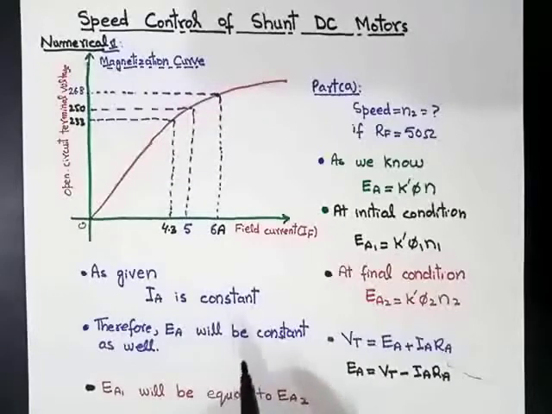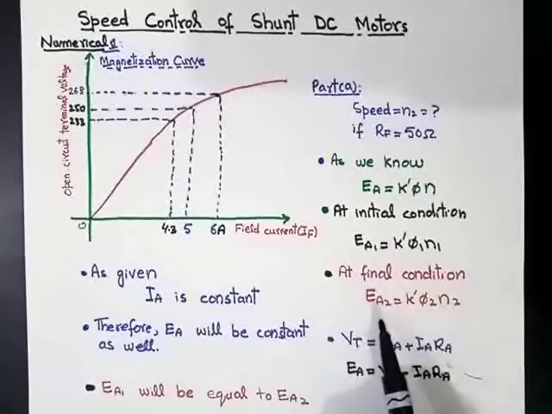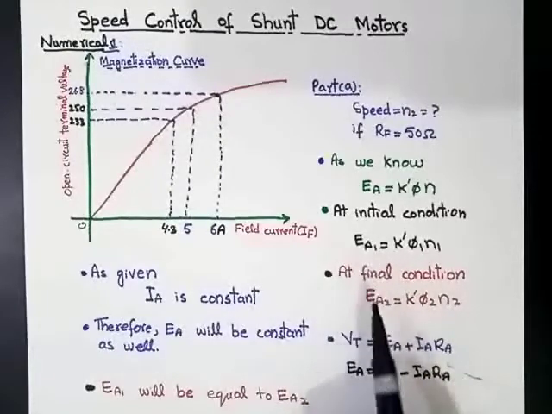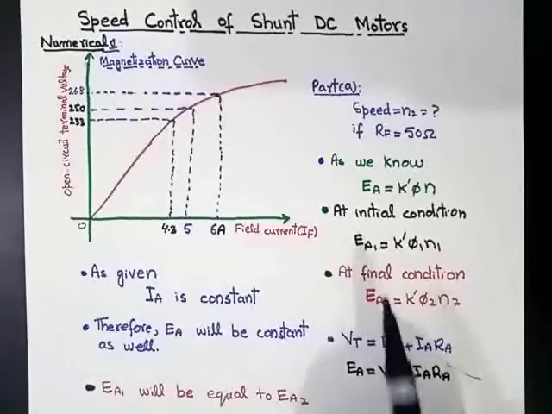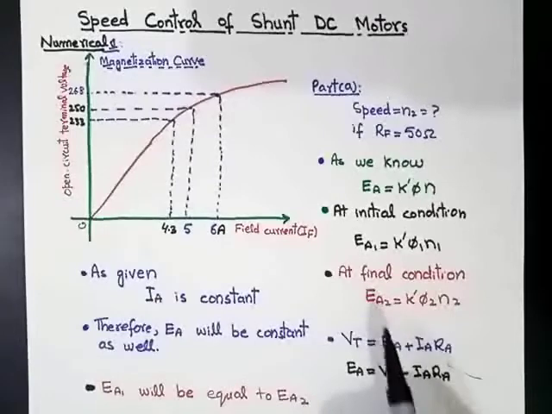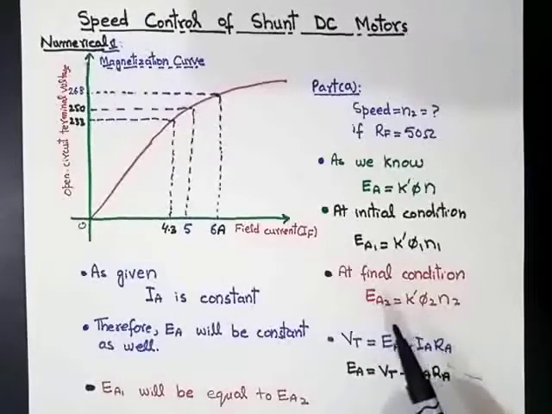Therefore, the internal generated voltage EA1 will be equal to EA2. If no change occurs, then EA1 equals EA2. This is a very important point to understand this particular numerical.